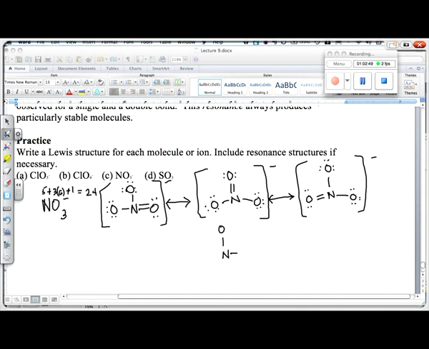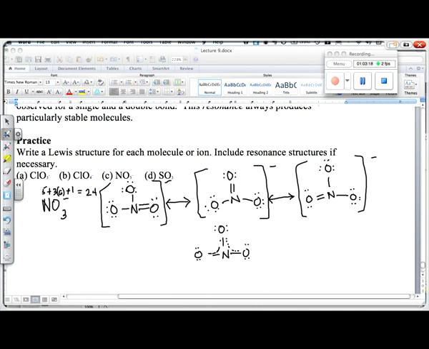You put the singles in, and then you show with a dash that smeared out extra bond. You really don't need to put the lone pairs on. All right?